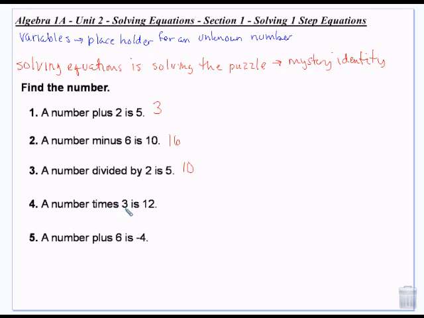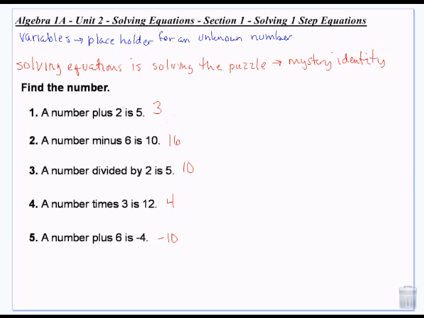If I take a number and multiply it by 3 and I get 12? And if I take a number and add 6 to it and it gives me negative 4? Negative 10. Okay, basically what you just did is I took equations and put them in word format. You just solved single-step equations.